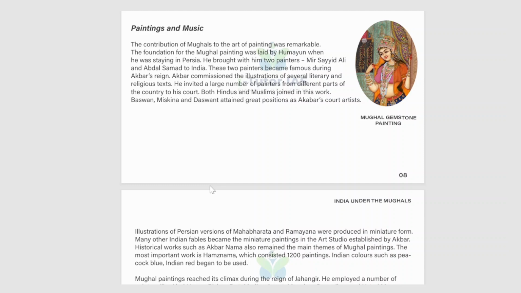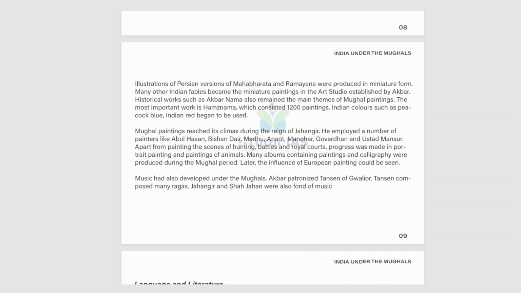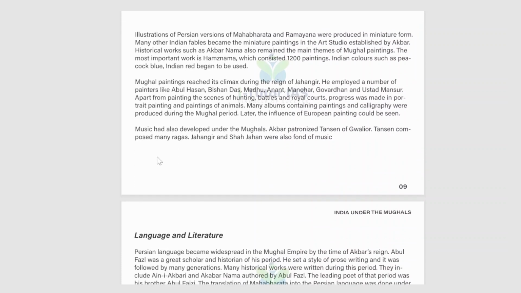Both Hindus and Muslims joined in his work, and Basawan, Miskina, and Daswanth attained great position as Akbar's court artists. Illustrations of the Persian versions of the Mahabharata and Ramayana were produced in miniature form, and many other Indian fables became miniature paintings in the art studio established by Akbar.